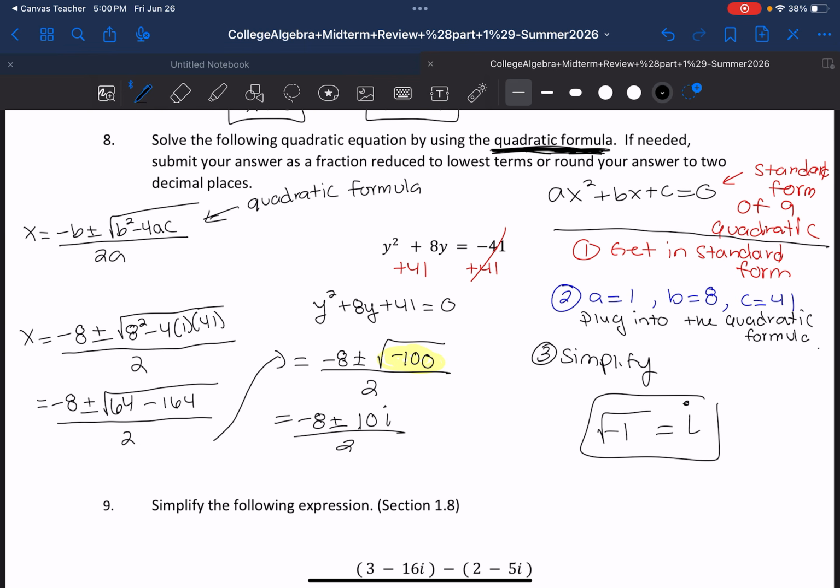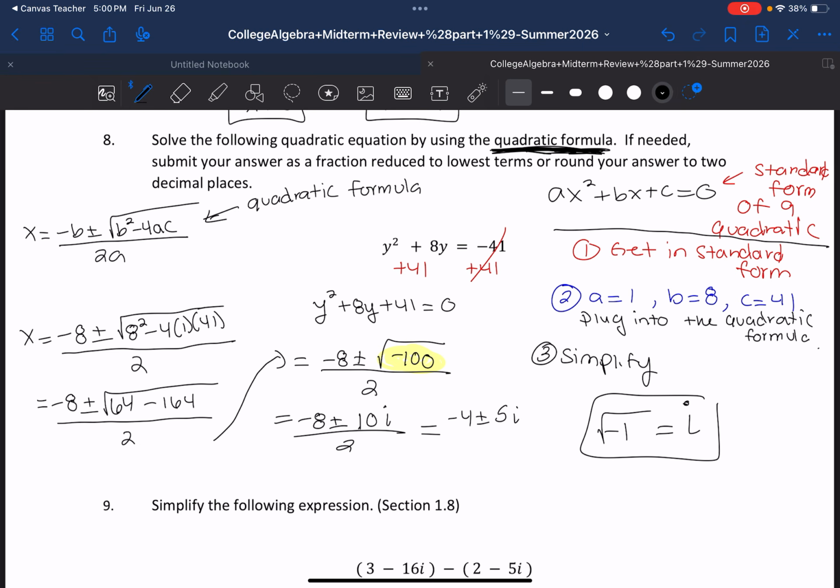And now I can simplify by dividing everything by 2, only because everything can now be divided by 2. So negative 8 divided by 2 is negative 4, plus or minus 5i, and then over 1. So just be like that. Now notice this is 2 answers.